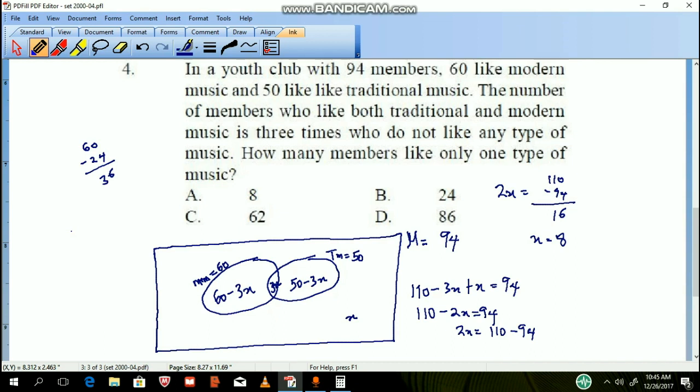Then you have 50 minus 24 over here, this will be 26. So the sum will be 36 plus 26, which will be 62. Option C.